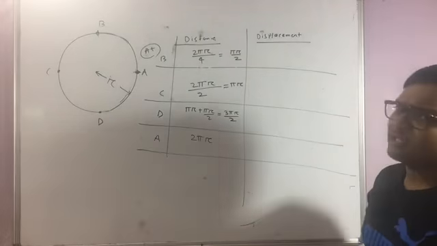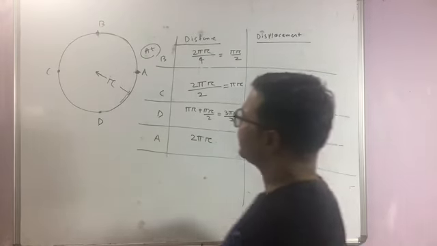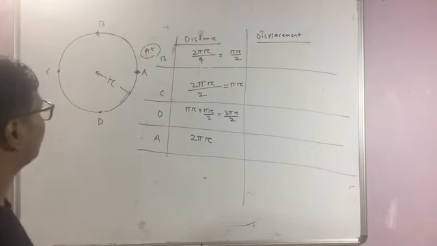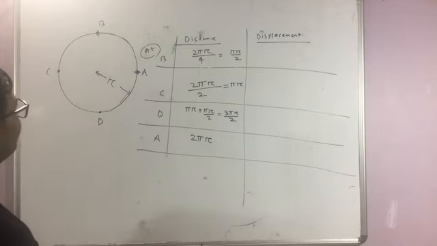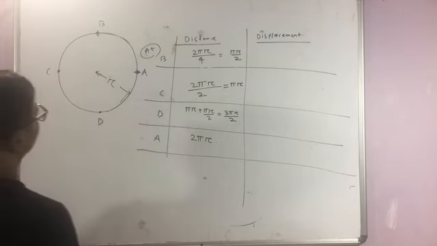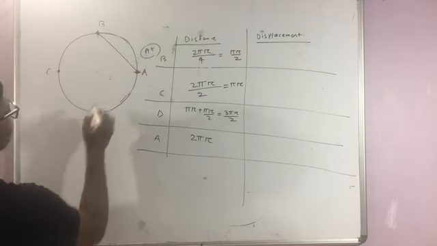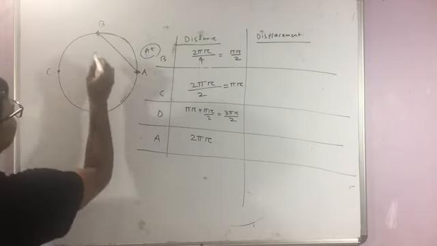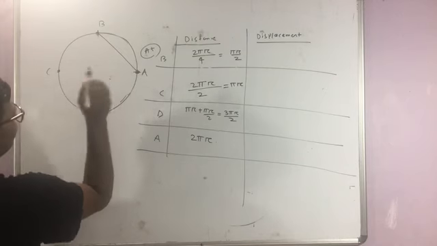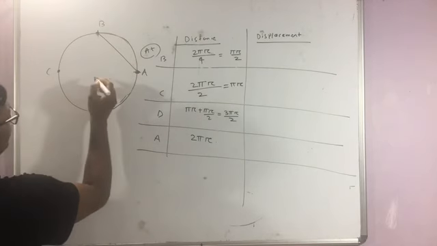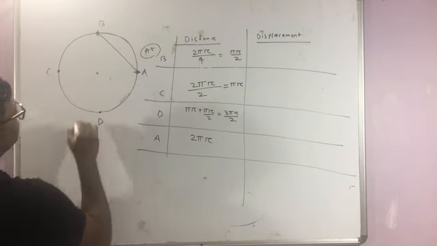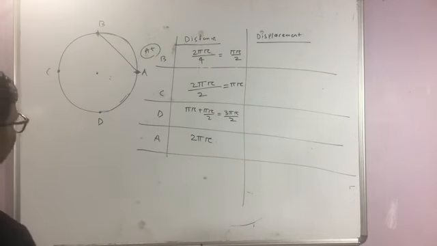Now comes your displacement. Displacement is what? It is the length of the shortest path, or in a simple way, you join the initial and final point. Initial point is here, final point is here. The length of the line joining the initial and final point gives you your displacement.